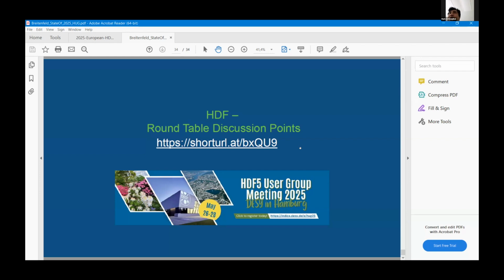So that would be one point to sort out: how do we identify the HDF5 implementation of LZ4 as distinct from, say, the ZAR implementation of LZ4 and other things.